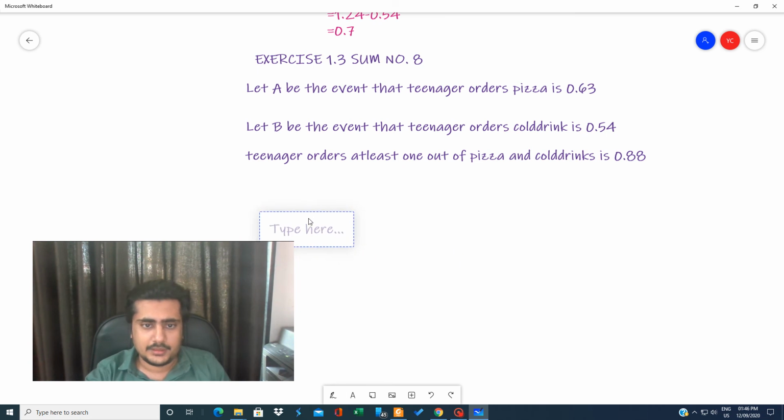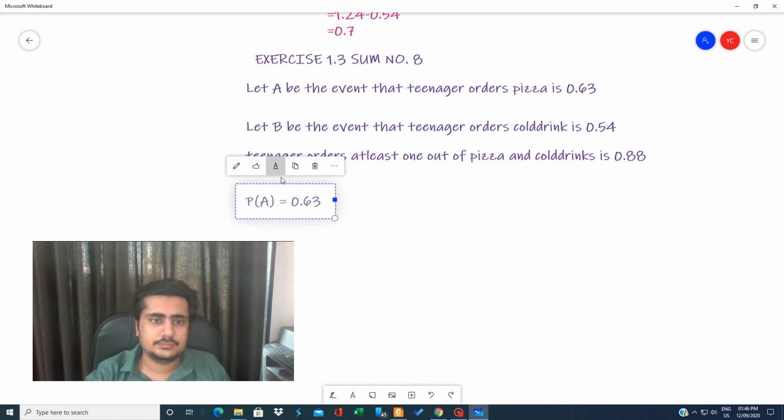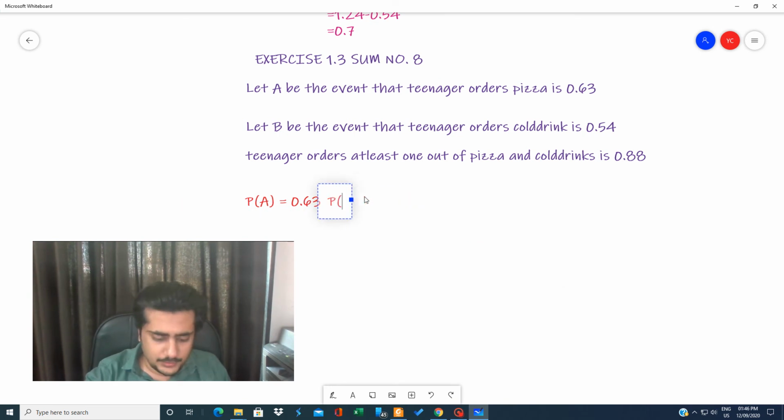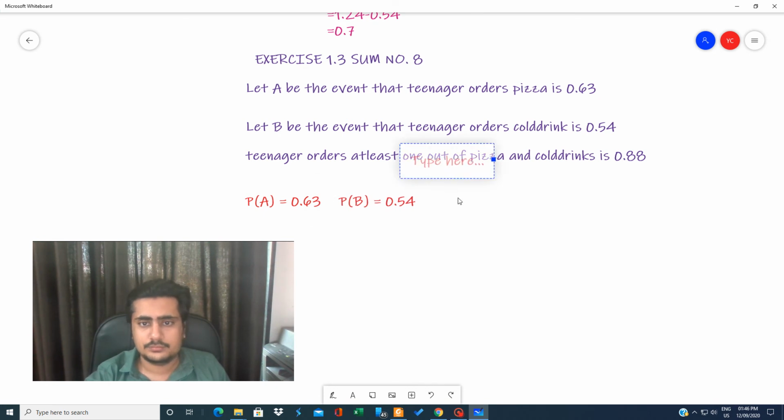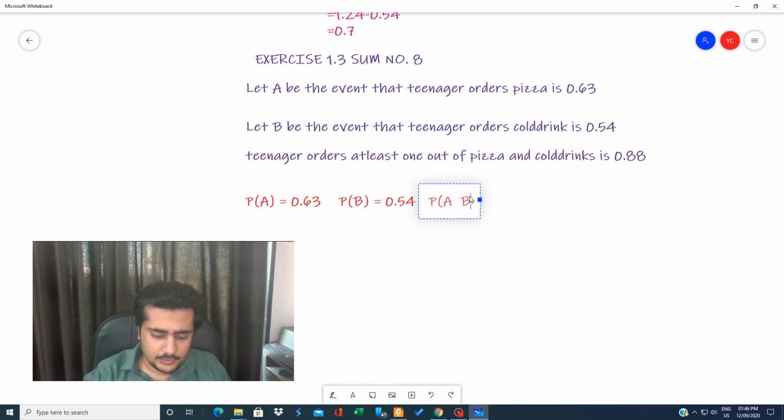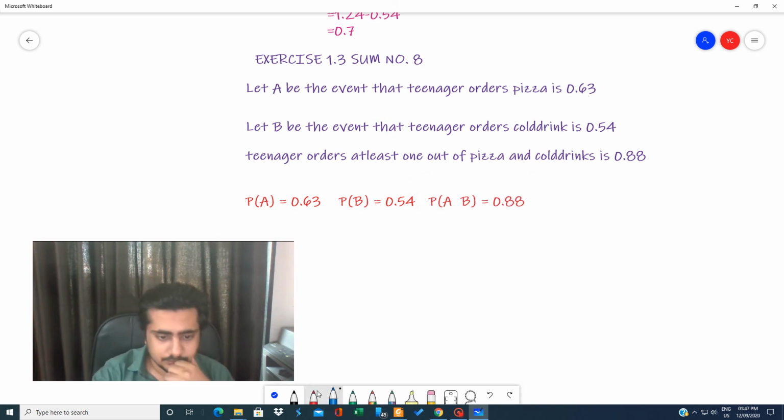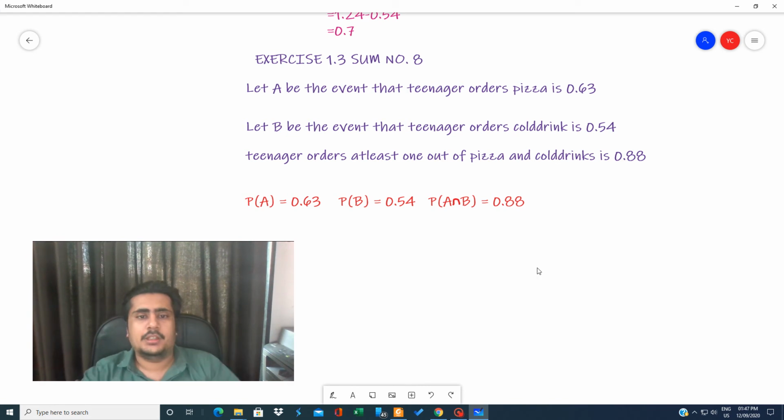So you can say that P of A is 0.63, then P of B is 0.54, and P of A union B is 0.88.